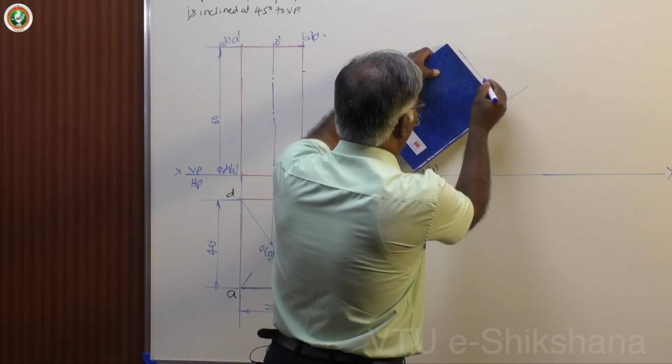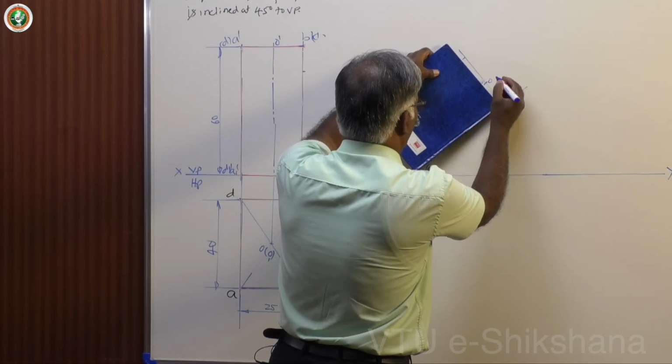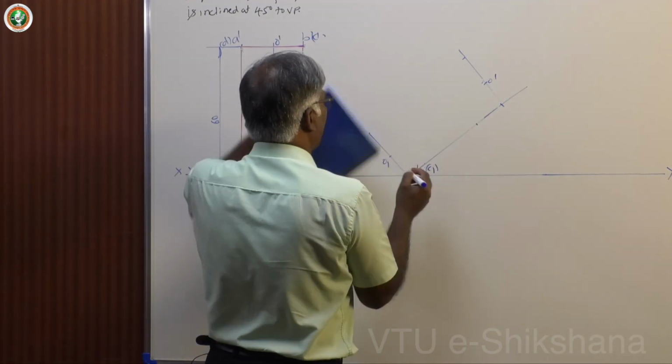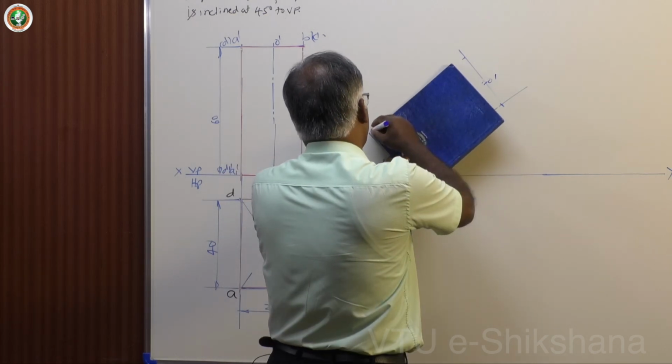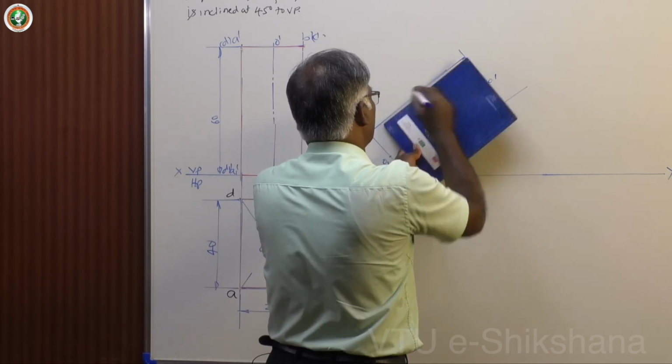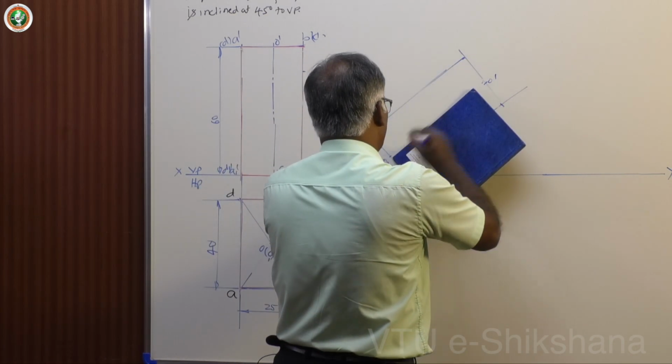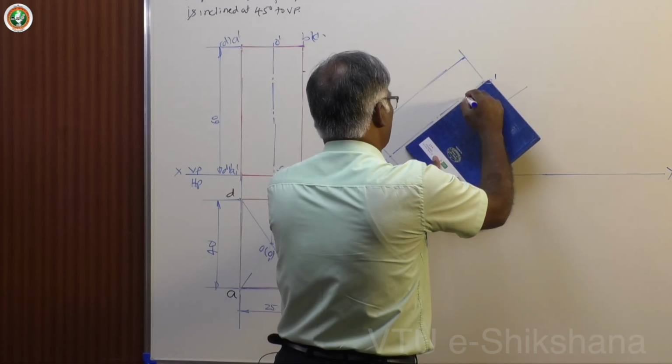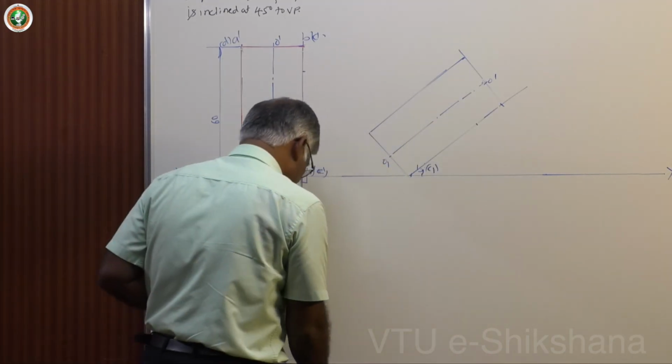It is easy to draw. This is O dash. This is O1 dash. Join them. Okay. So as in the first figure front view, dark all the edges, required edges.